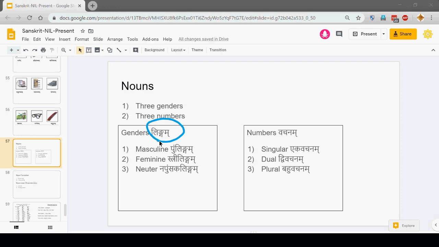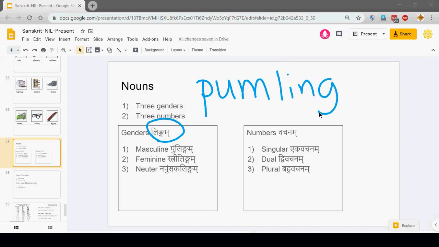Lingam is gender. There are three genders: masculine, feminine, and neuter. The masculine gender is called pullingam. Written here, in English it can be written like this: pullingam.